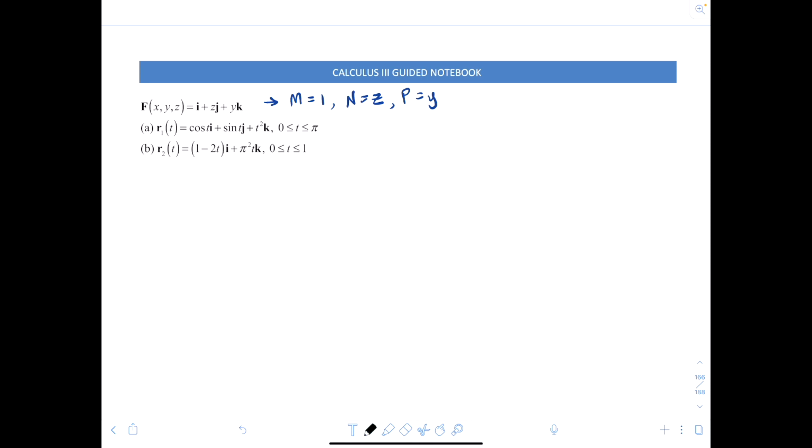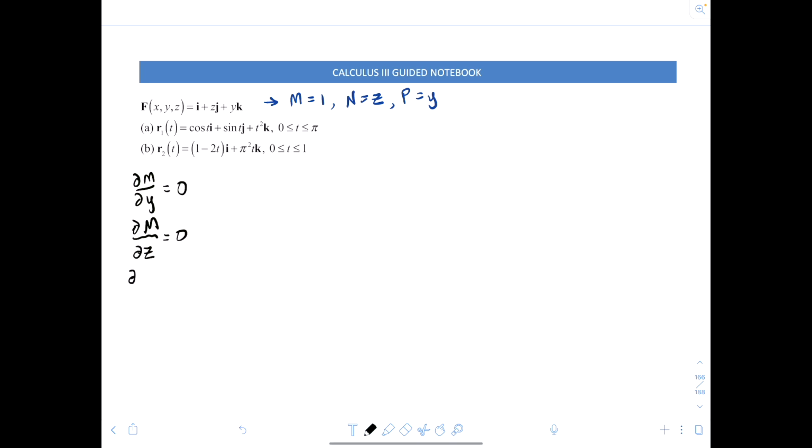The first partial of M with respect to y is equal to 0. The first partial of M with respect to z is equal to 0.